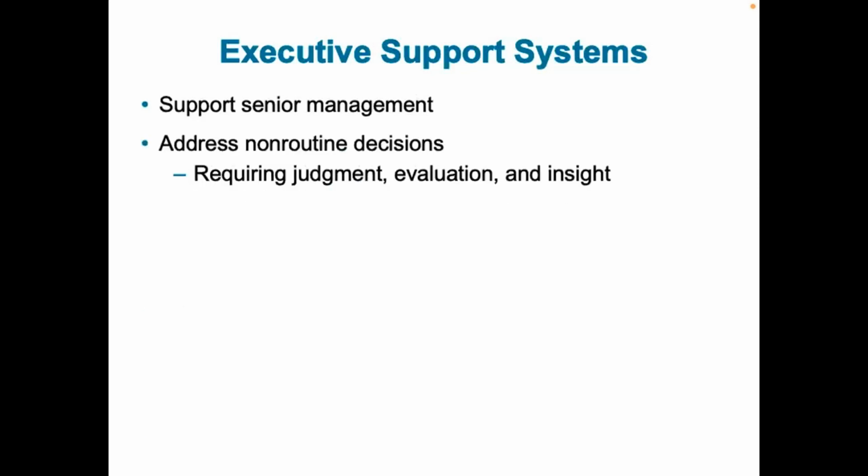Then the last one would be the executive support systems. The executive support systems support senior management and address non-routine decisions. We say that decisions are non-routine because they require judgment. We say it requires judgment because, look, all data may point to the fact that a particular product line should be what?